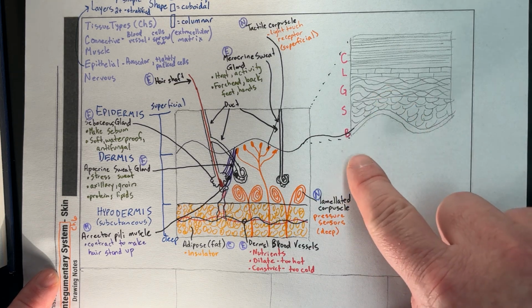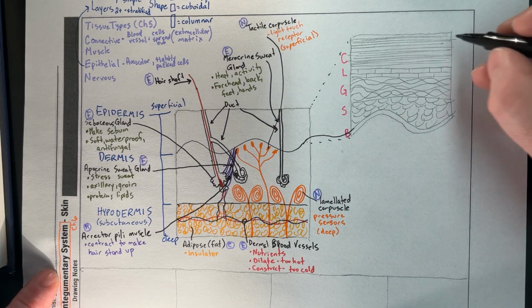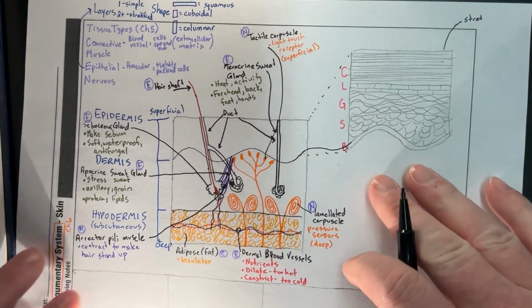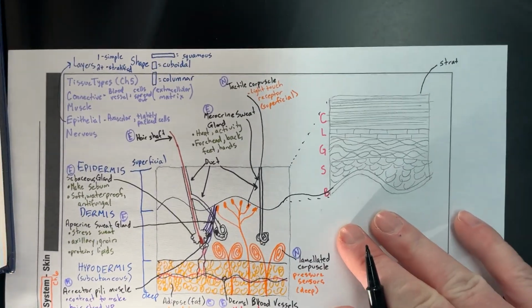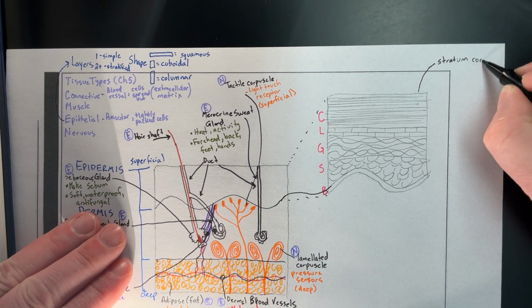All right, now these layers have different names, and I want to write the names, and then I want to talk about 2 of them in particular. So this top one is called stratum corneum.